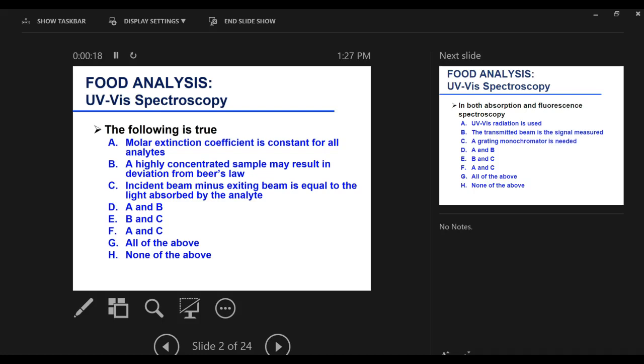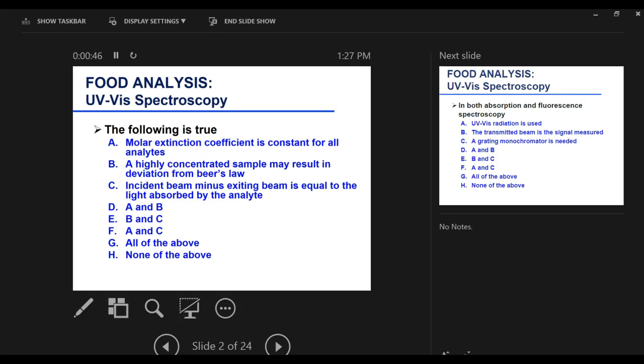We're going to talk about all of this. B seems right? Yeah, it is right. Anything else? So I think B is the only correct answer. We'll talk about molar extinction and what it means.